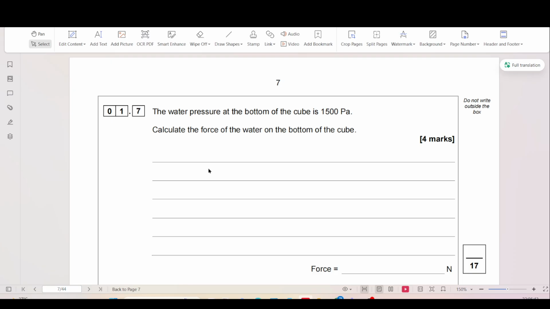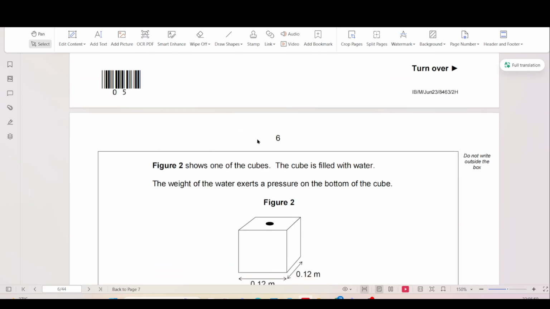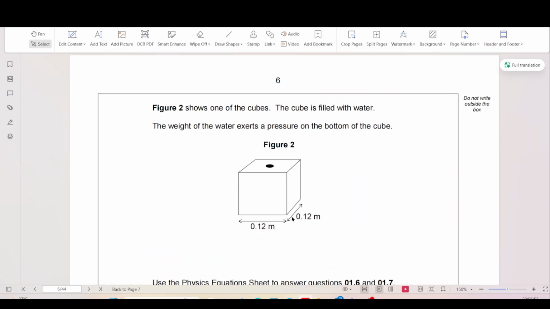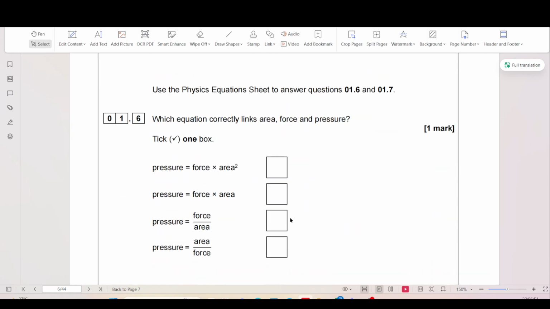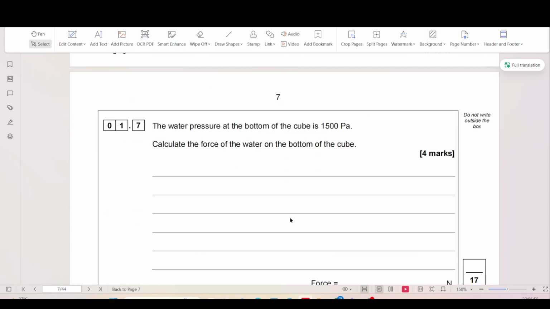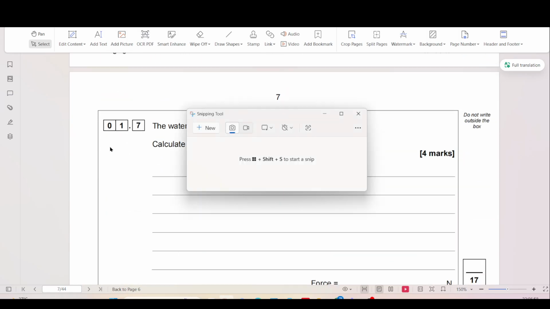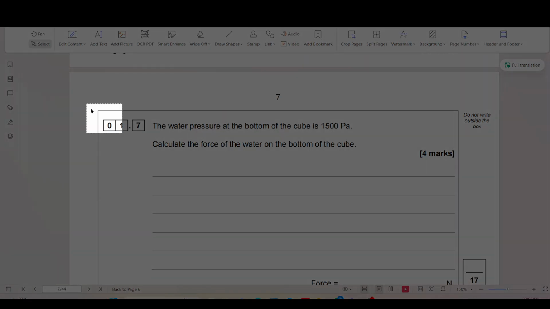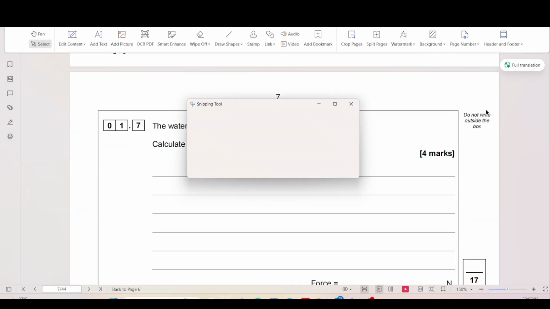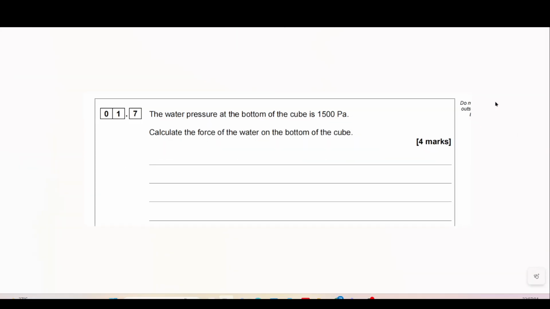The water pressure at the bottom of the cube is 1,500 pascals. Calculate the force of the water on the bottom of the cube. So, what's the equation for pressure again?